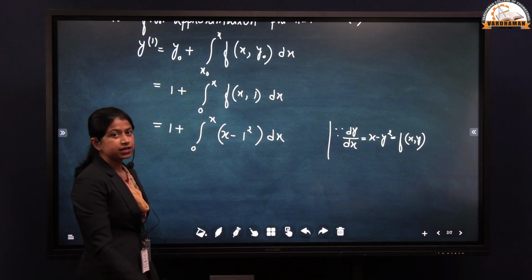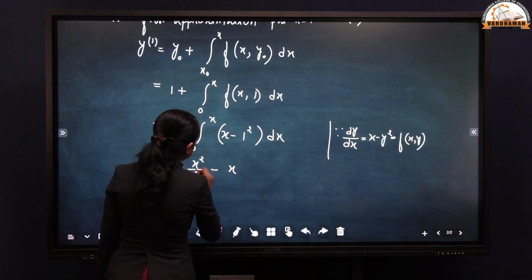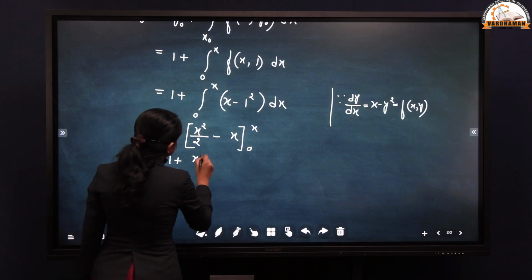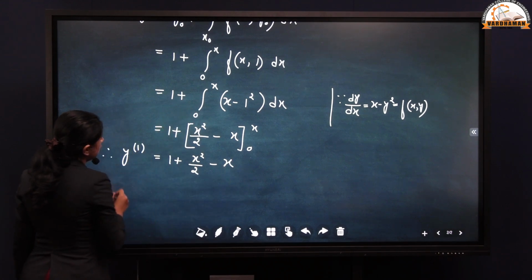Okay. Now let us find the integration. 1 plus x square by 2 minus x, limits are 0 to x. We will get 1 plus x square by 2 minus x, which is the first approximation of y.